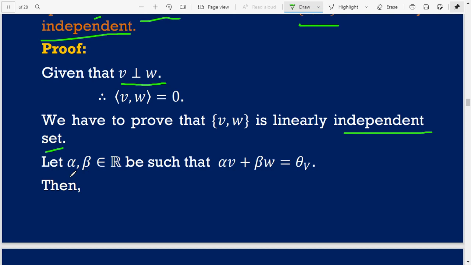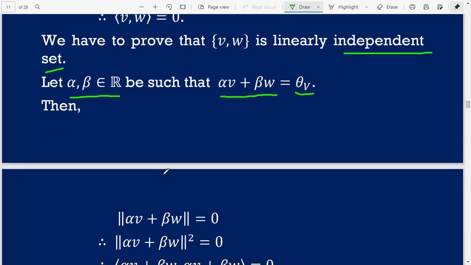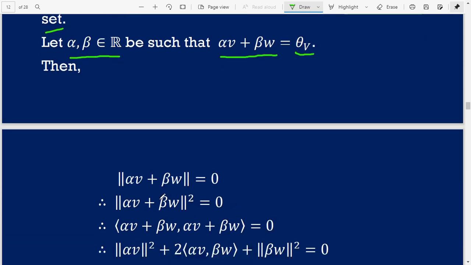So let alpha and beta belong to R be such that alpha V plus beta W is equal to the 0 vector. Then norm of alpha V plus beta W is equal to 0.